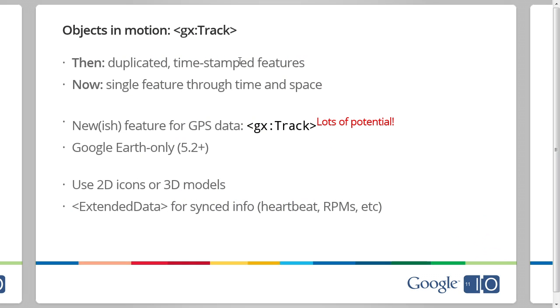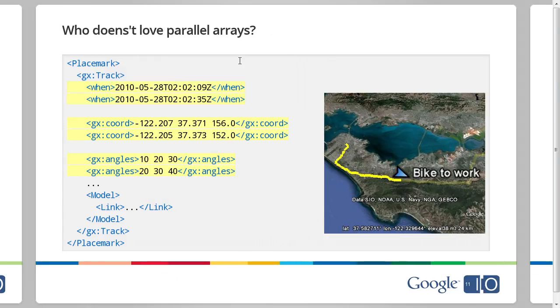So you're not going to be able to do this in Google Maps. Obviously, you can't do 3D stuff or tours in Maps either. As I said, you can use 2D models or 3D models. And as I'll talk about in a second, you can add extended data, additional attribute data correlated to the time and the path of the object, like if you're riding a bike, heartbeat, or if you're driving a car, RPMs.